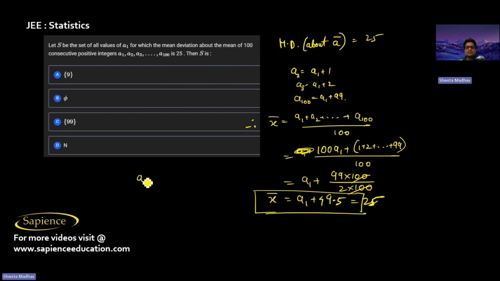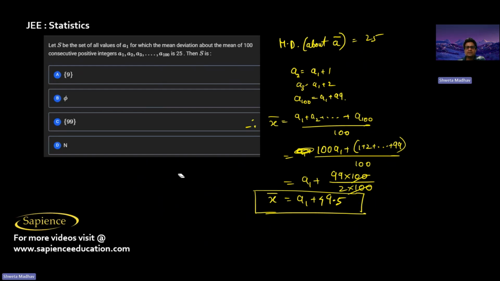They are consecutive integers, so A1 plus 99 by 2 is equal to 25. So A1 will be 25 minus 49.5, but it is coming negative. Okay, no, sorry, this is not 25.